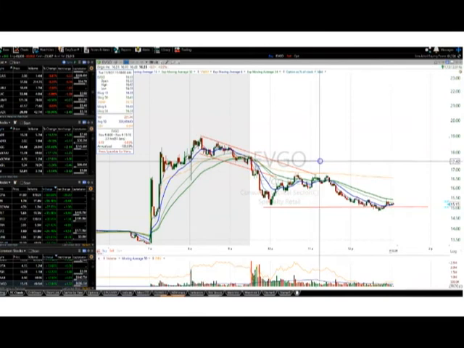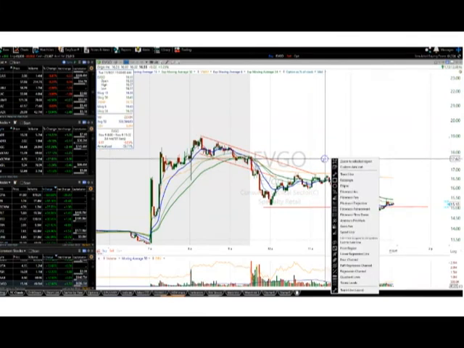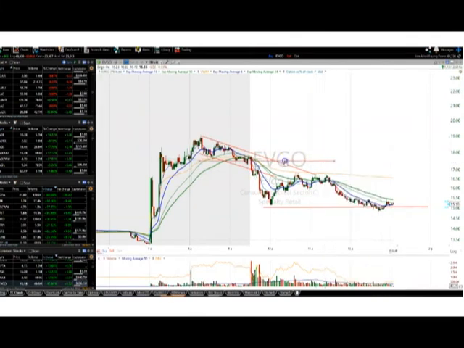We draw the support resistance line here. There's your support. At the opening, it failed at the channel line and never even came close to holding support, just straight down through it.